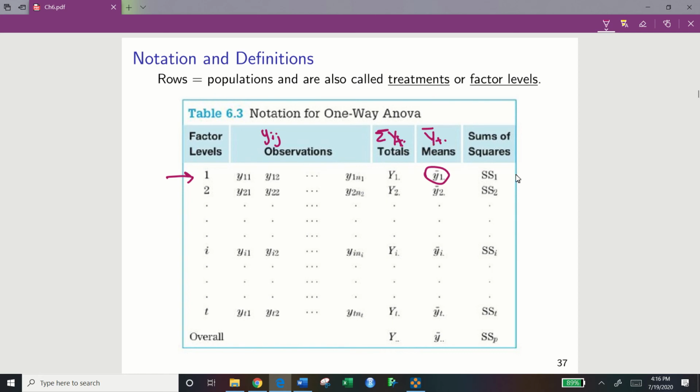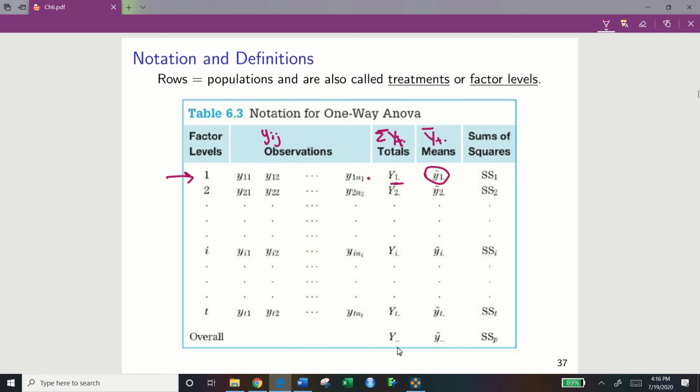This is something we haven't talked about yet, but we'll get to in a little bit. So again, looking at each factor level, we have our individual observations. Our totals are represented with a capital letter, the level of the factor, and a period, and the mean, lowercase letter, bar over it, factor level, and period.